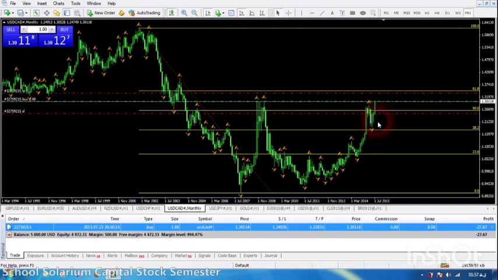And there was another question: can I determine a point where, when the price reaches that point, the trade will be automatically opened on its own?